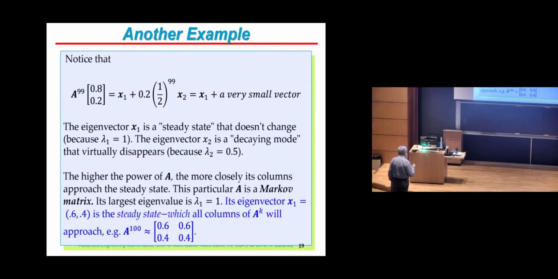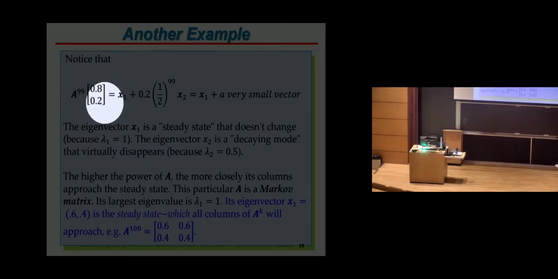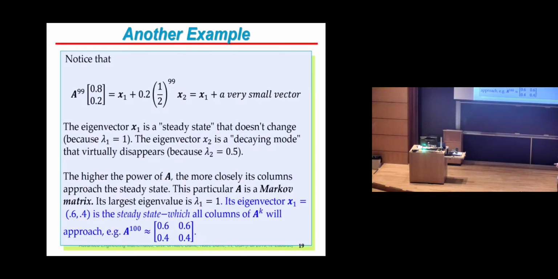So I am not going to prove it now, but because most probably we will forget to come back to this example, I want you to start thinking when you go home after the exam, and convince me that if you take A to the power 99 or A to the power 100, asymptotically, as the power increases, every column of this becomes the first eigenvector x1.